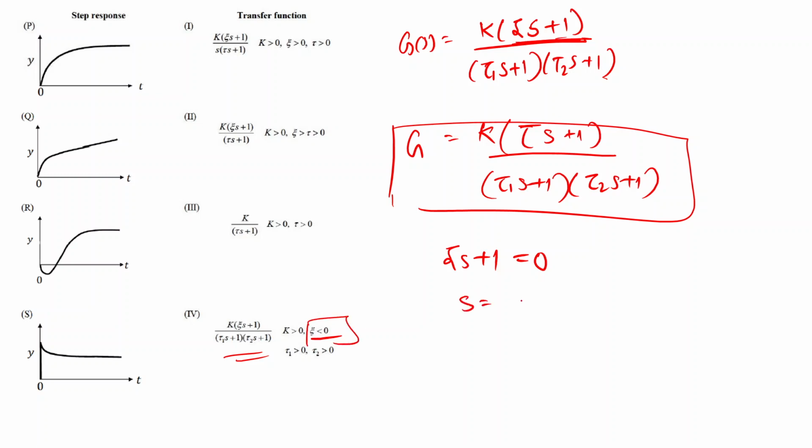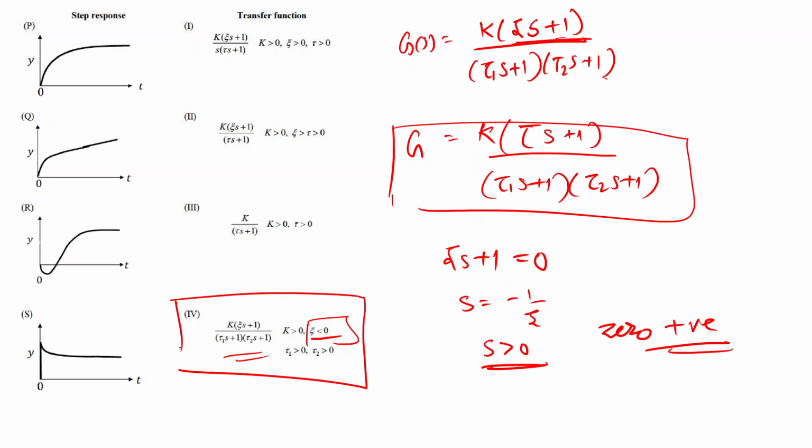So s we can write as minus 1 upon zeta. And since zeta is less than 0, s will be greater than 0. That is, since the zero of this transfer function is positive, we can say that this transfer function corresponds to an inverse response.